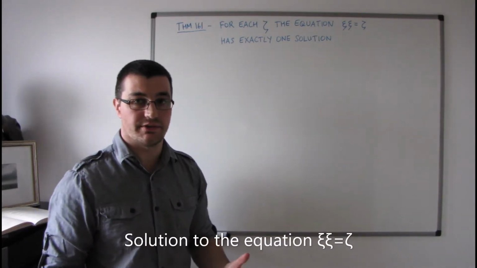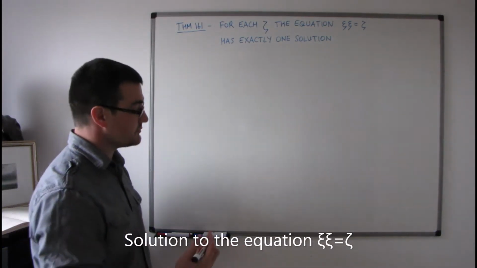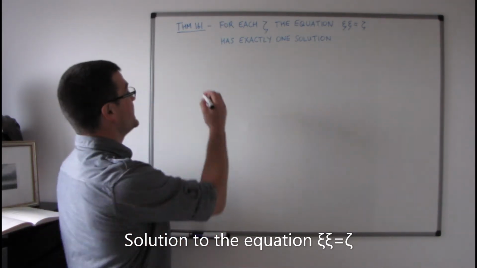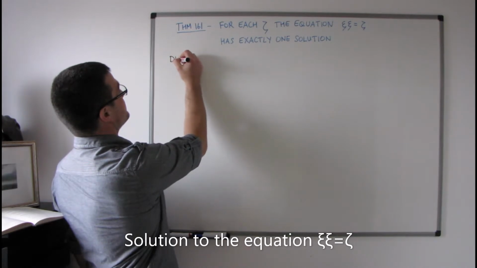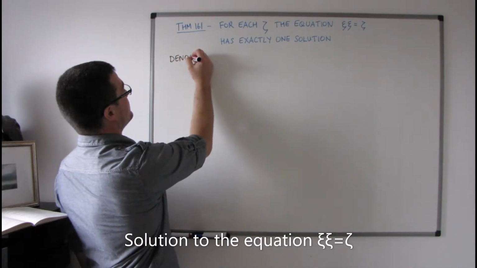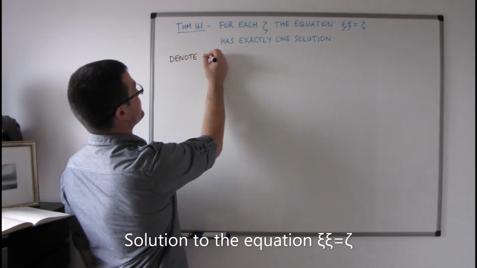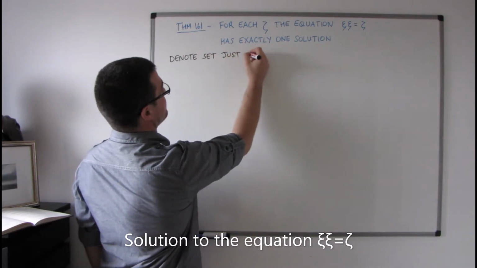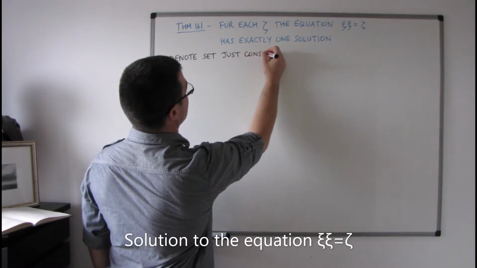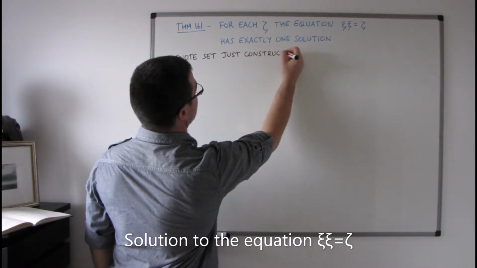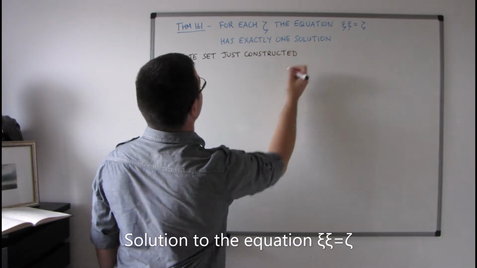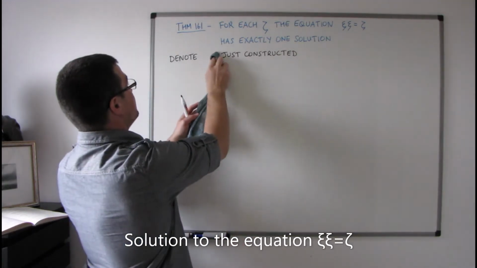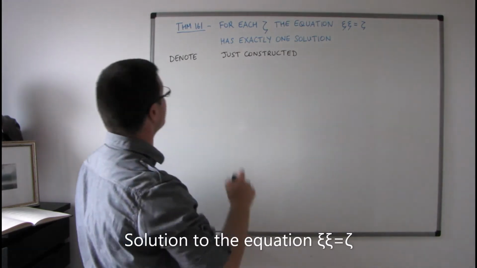Okay, so continuing with the proof, if we denote the set that we've just constructed by xi, in fact, rather than say set, I should say cut, because it was a cut that we just constructed.